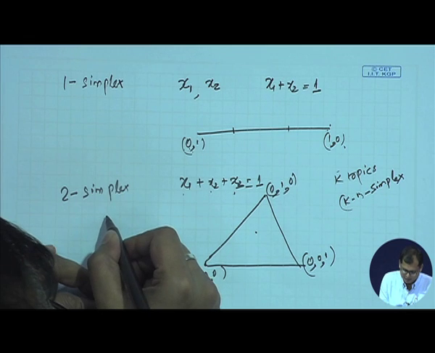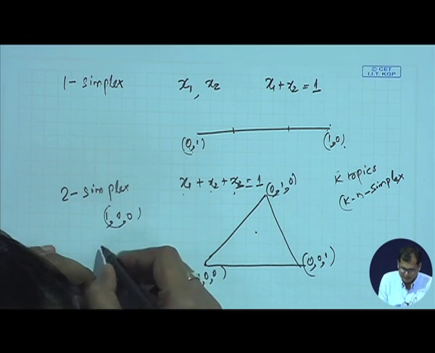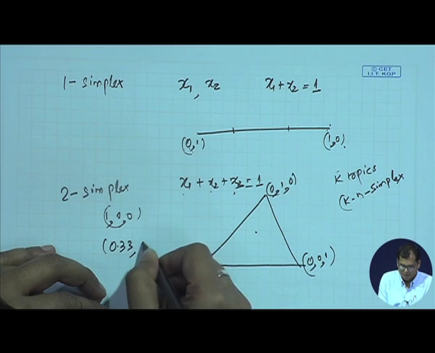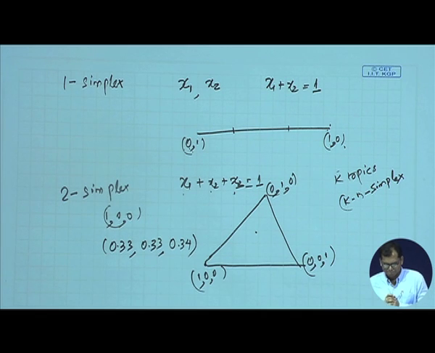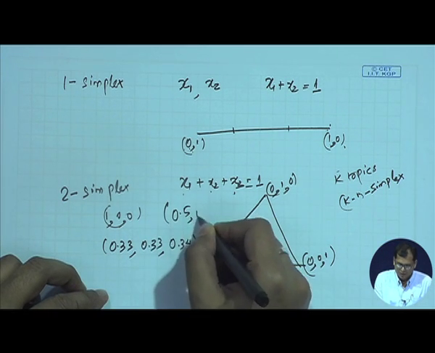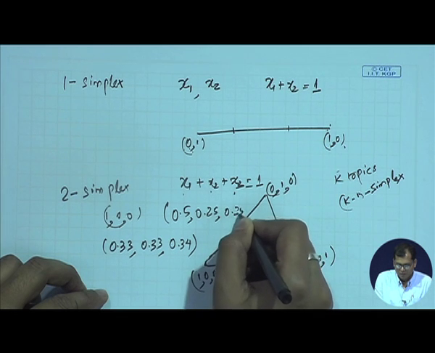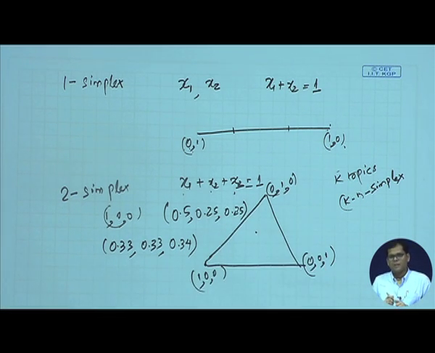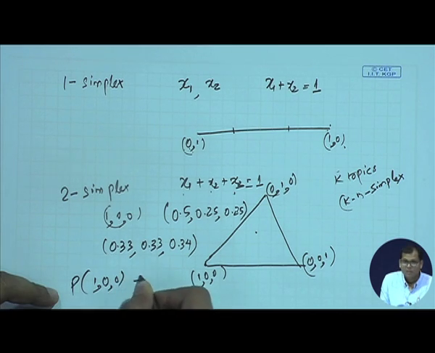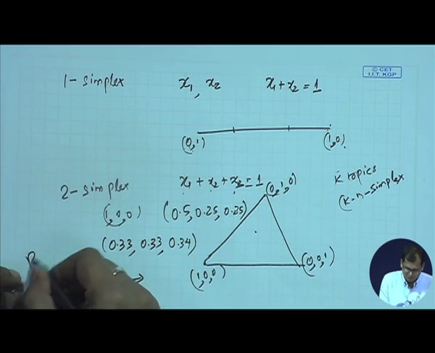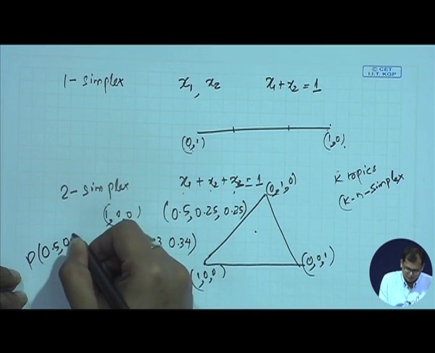I can take values like 1, 0, 0, or 0.33, 0.33, 0.34, or 0.5, 0.25, 0.25, etc. What my Dirichlet distribution does is give me a probability of this probability distribution. What is the probability of getting a distribution like this?